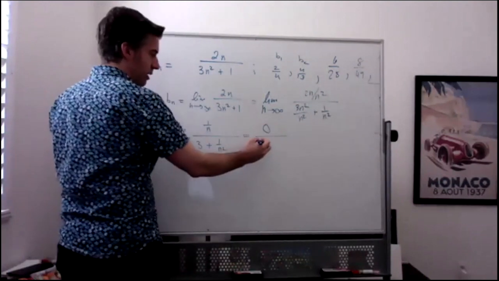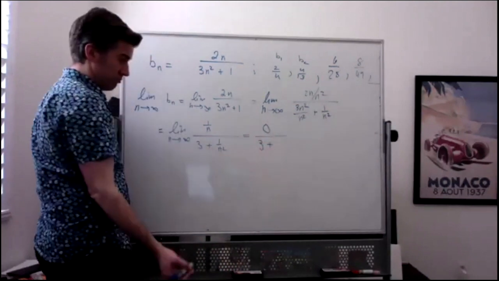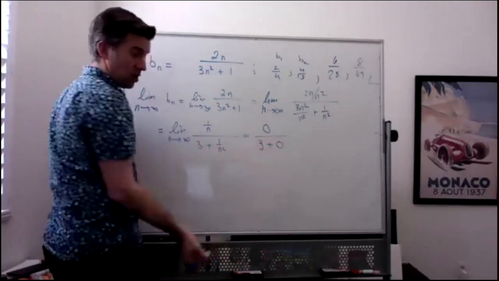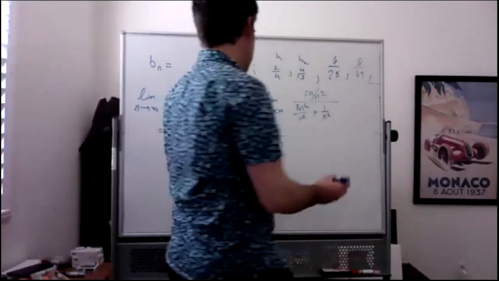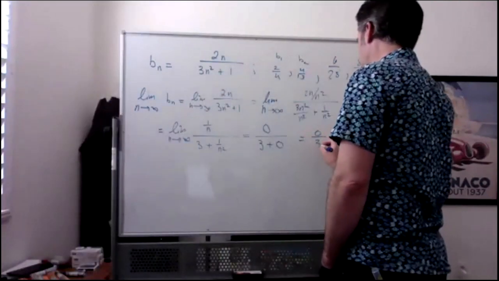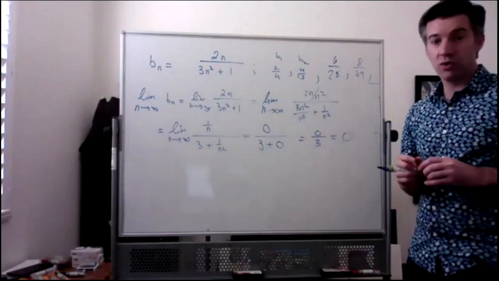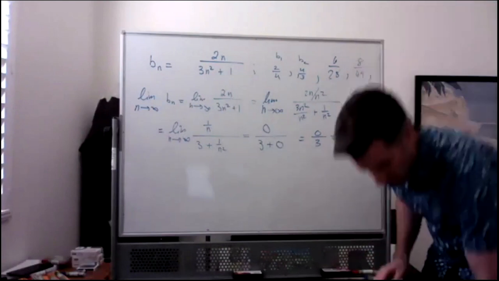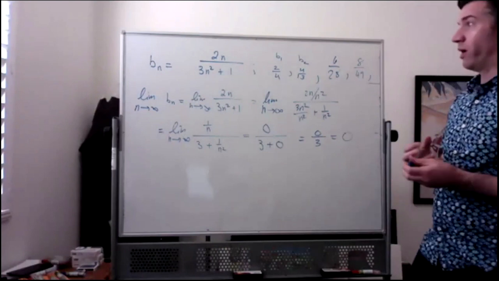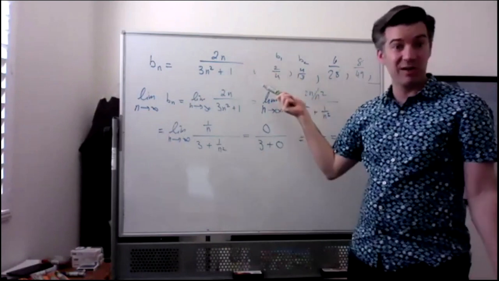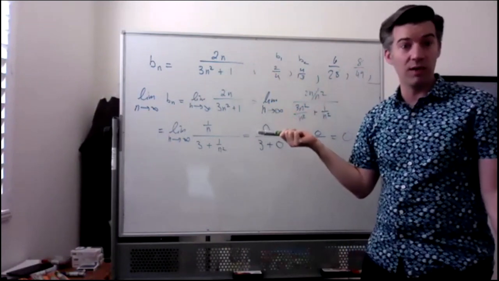And then on the bottom, I get 3 plus 0 again. So here I get 0 over 3, which is 0. And what is true for these rational type functions where the degree on top is less than the degree on the bottom is that the limit always ends up being 0.